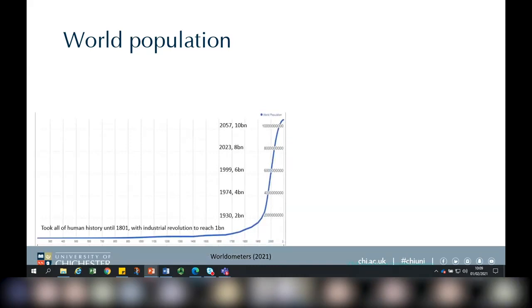Okay, so as you can see here, since 1801, the introduction of industrialisation, we've had a huge population increase. So this is globally. We're now globally at around 7.8 billion people, sorry. And in the UK, we have a population of 66.5 million.